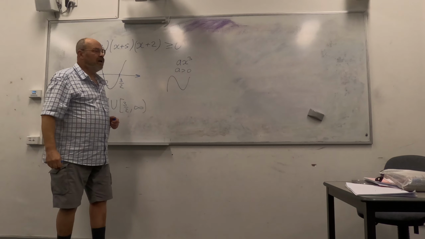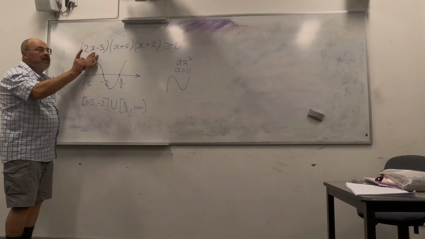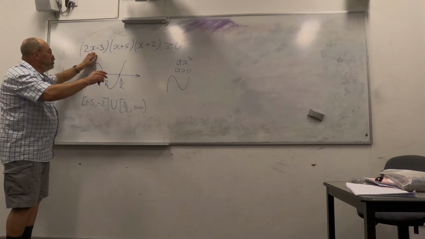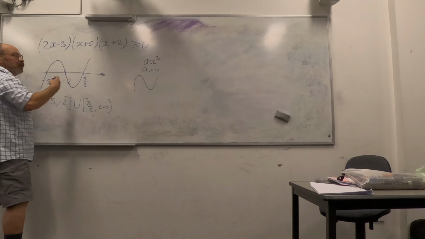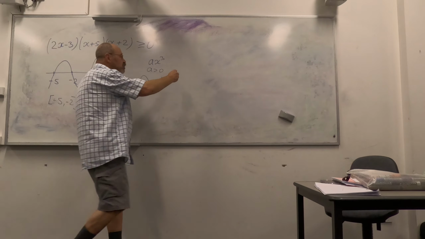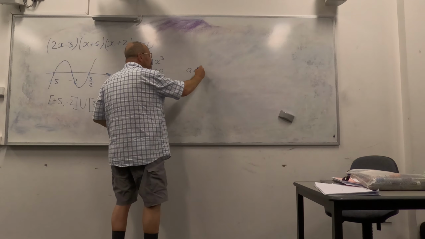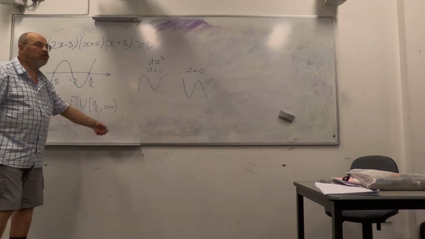Where's a in all this? It's the number in front of x cubed. How do you get x cubed? You multiply 2x times x times x, you'll get 2x cubed. If a is less than 0, that's how it will look.